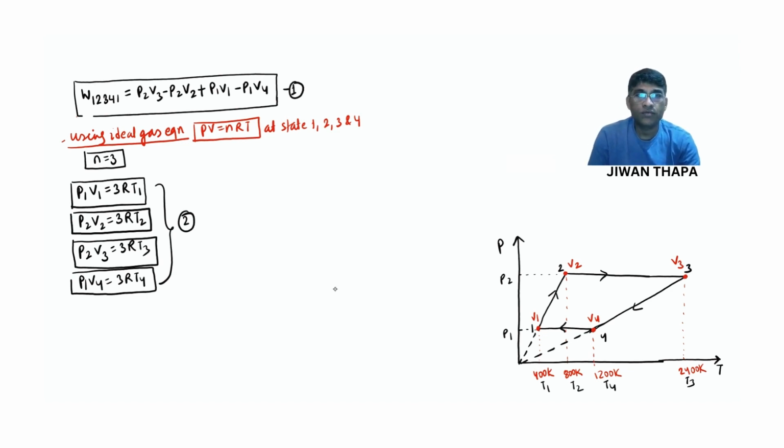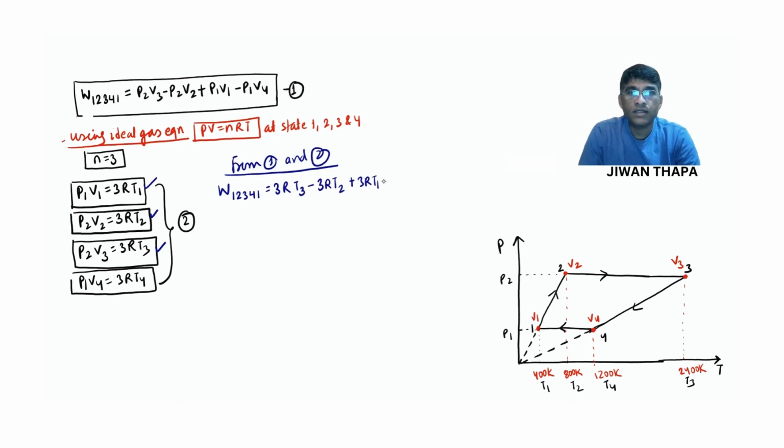Now, from 1 and 2, total work done equals P2V3, which is 3 times RT3, minus P2V2, which is 3 times RT2, plus P1V1, which is 3 times RT1, minus P1V4, which is 3 times RT4.